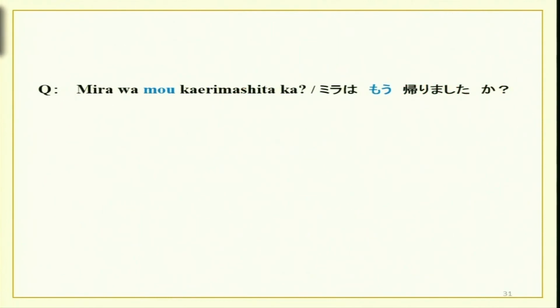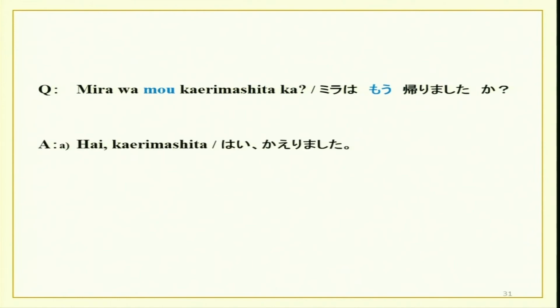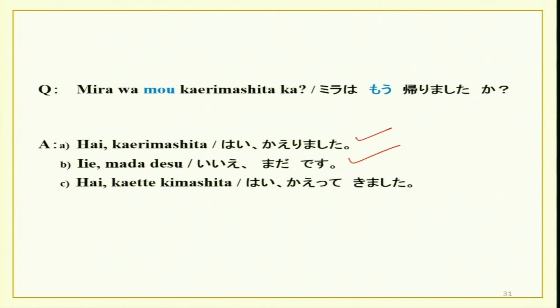Now, look at this. Mira wa mo kairimashita ka? One answer you can give is hai kairimashita or iie mada desu. Now, hai kaette kimashita. What is the difference between the two?